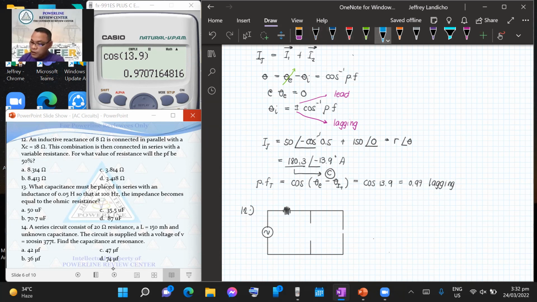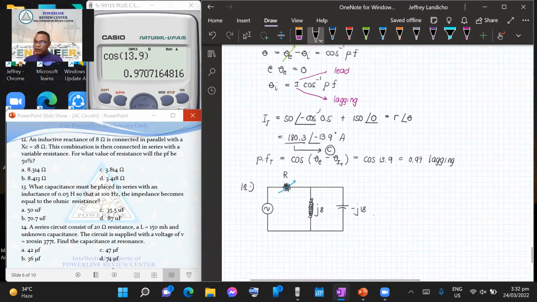so we have variable resistance R, then we have the inductance parallel with capacitive reactance. So hindi natin alam kung ano value itong R, but this inductive reactance, it should be positive 8. Then capacitive reactance, it should be negative 18.